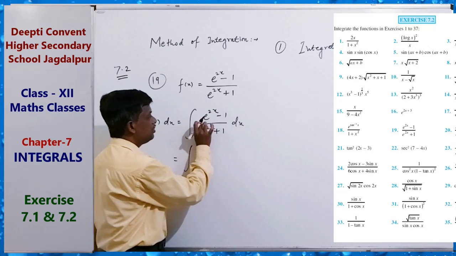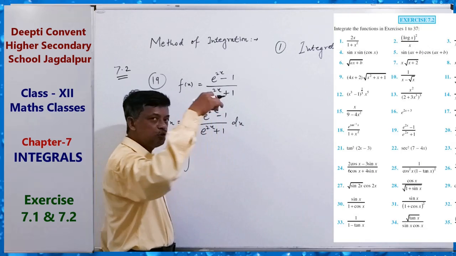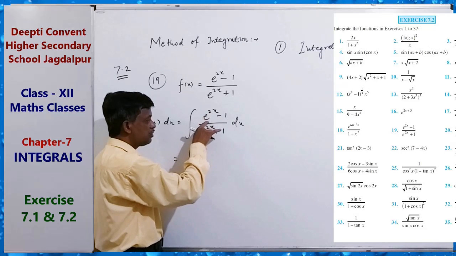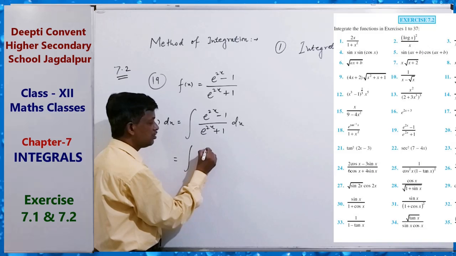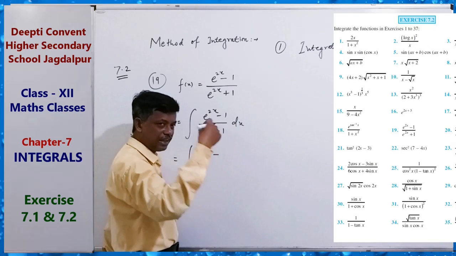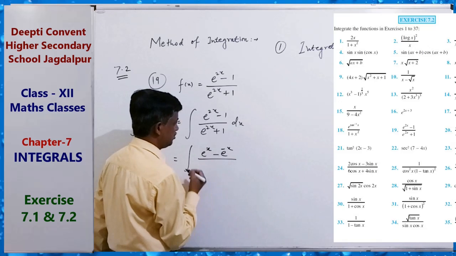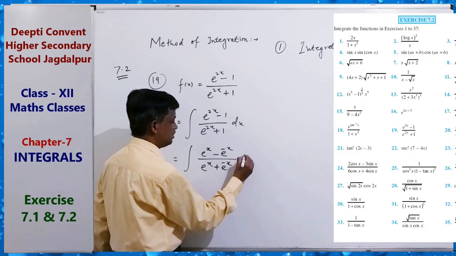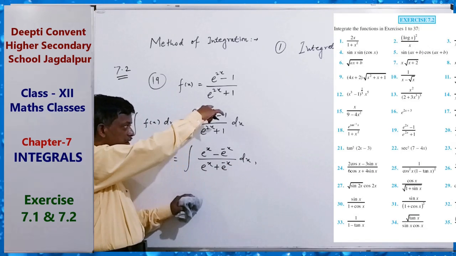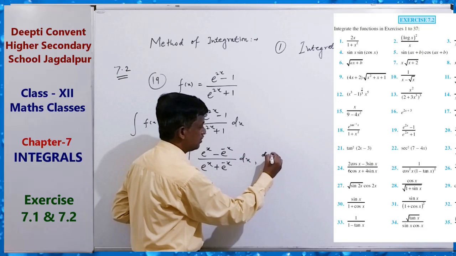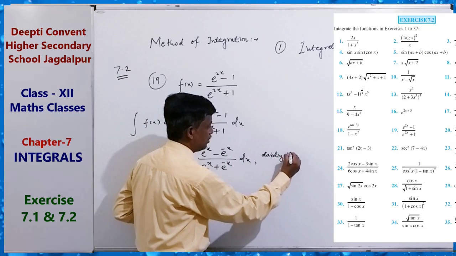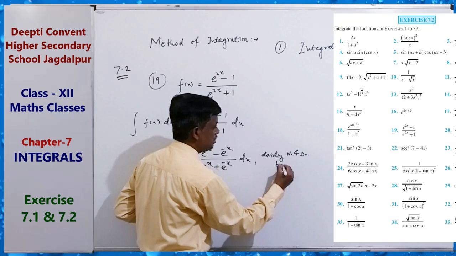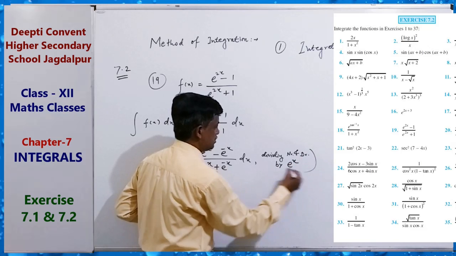If the numerator is divided by e to the power x, then e to the power 2x by e to the power x means e to the power x, minus 1 upon e to the power x, that is e to the power minus x, upon here also e to the power x plus e to the power minus x, dx, by dividing numerator and denominator by e to the power x.